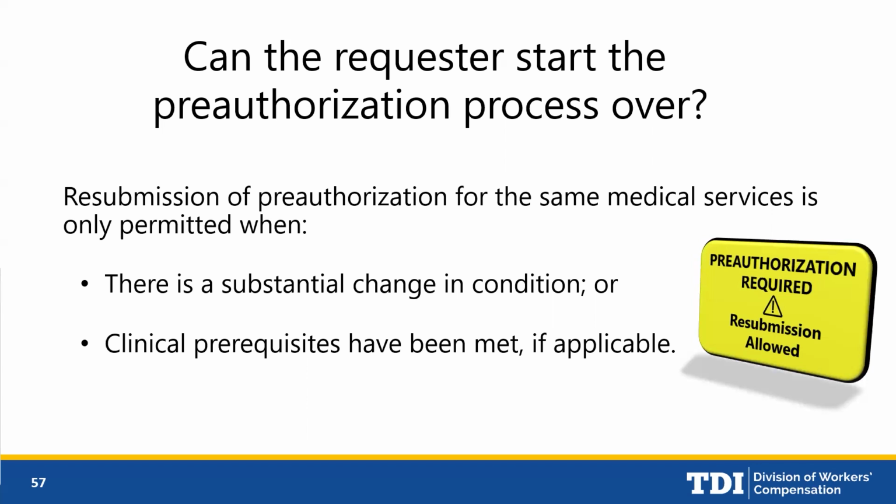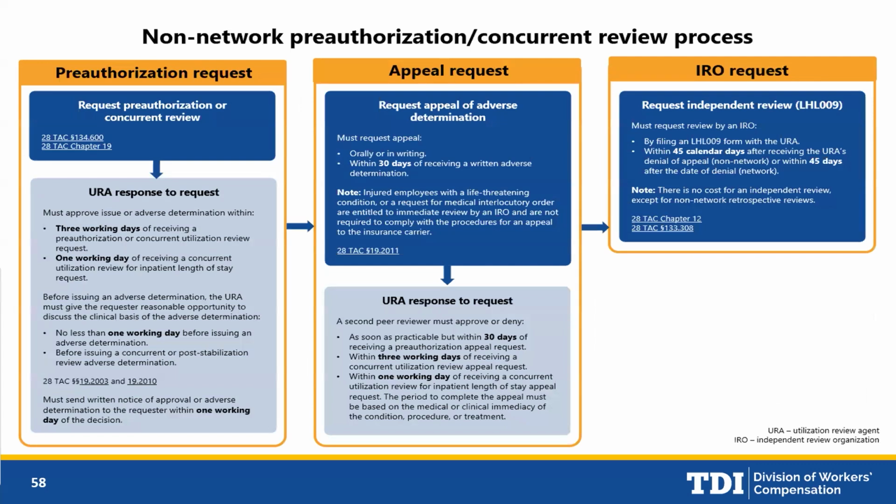Use your ODG to help you navigate justification and building a case from the initial pre-auth to the appeal, and now you're at an IRO step. Just to give you a graphical illustration of the 3 main steps in the pre-authorization non-network process.